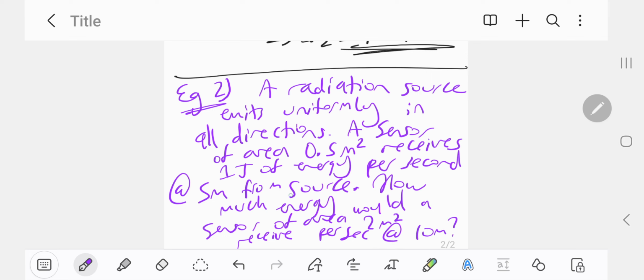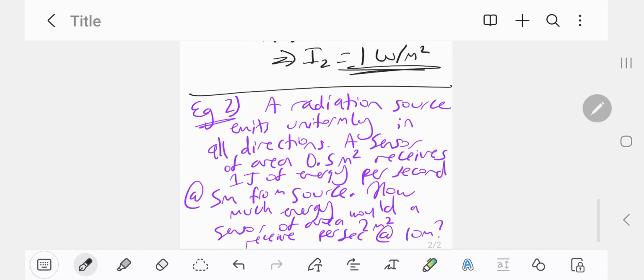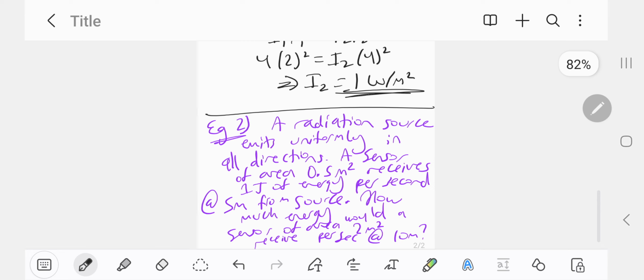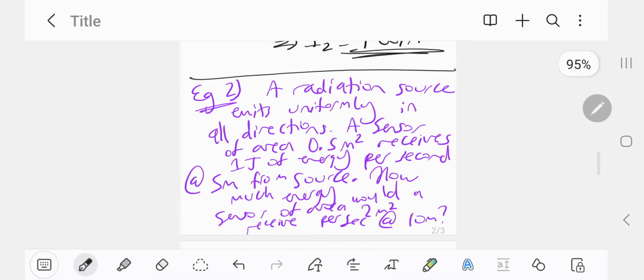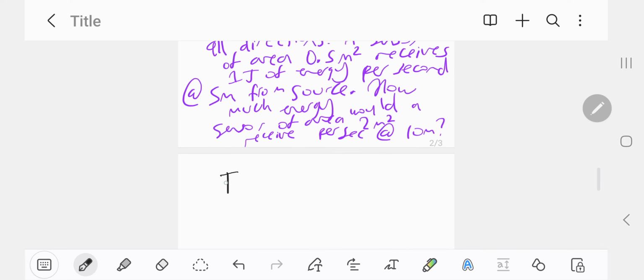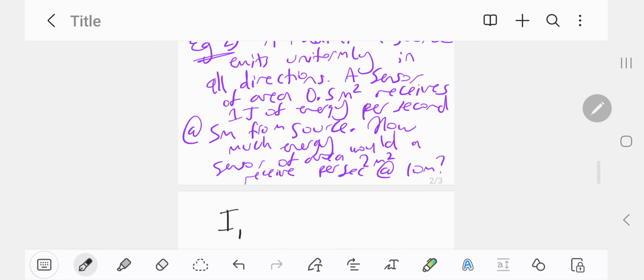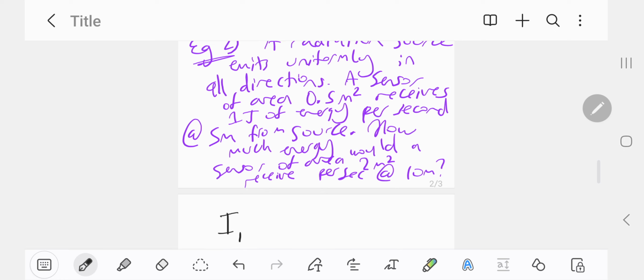So this is very lengthy, but let's dissect this bit by bit. What do we need to work with now? We need to first convert what we have to intensity as follows. We're not given intensity, okay? So intensity, I sub 1, for the first sensor. We're given 0.5 meters squared, and we're given 1 joule of energy per second.